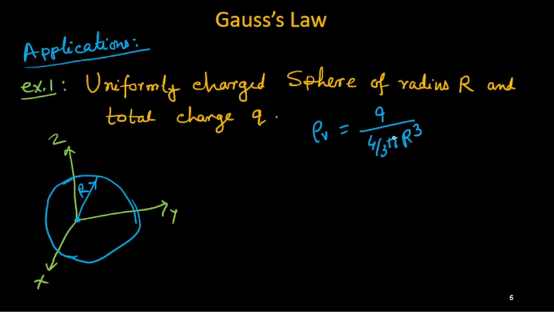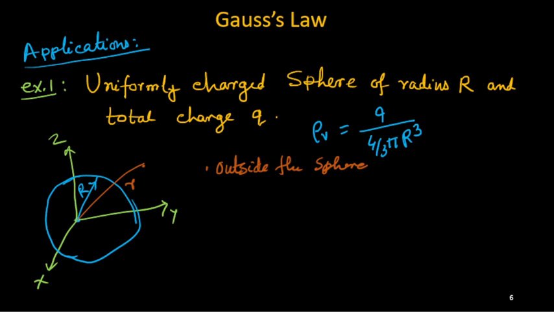This density is uniform everywhere. Now we can find the electric field outside the sphere and inside the sphere. First we will consider outside the sphere. If I take a point here at a distance r, what is the electric field at this point?